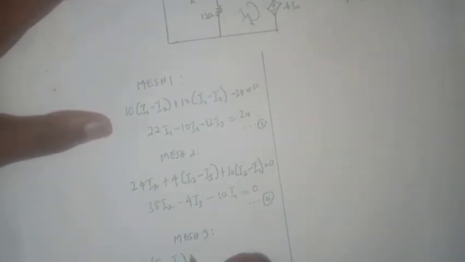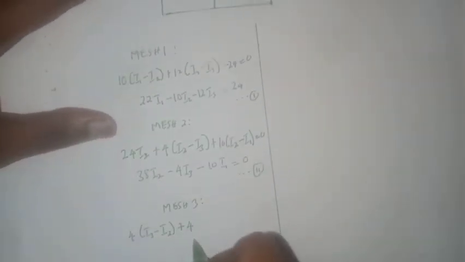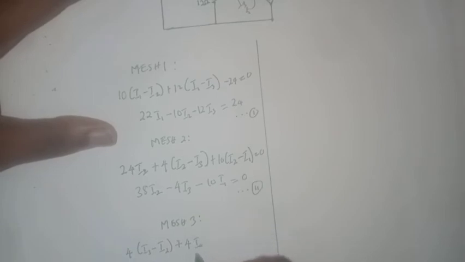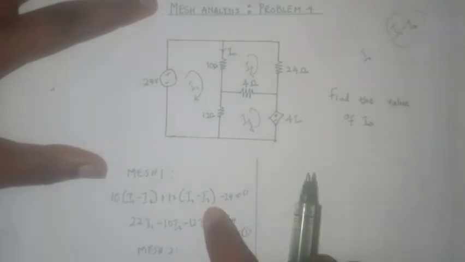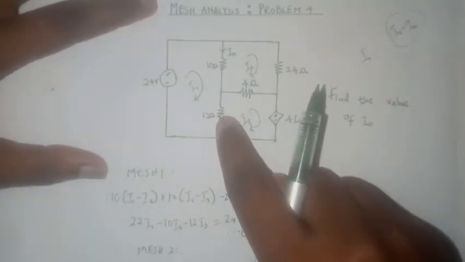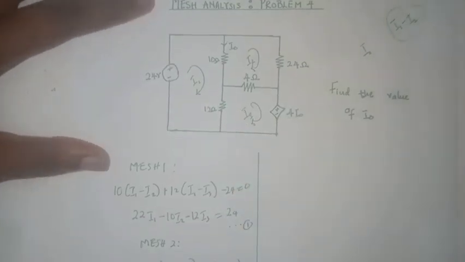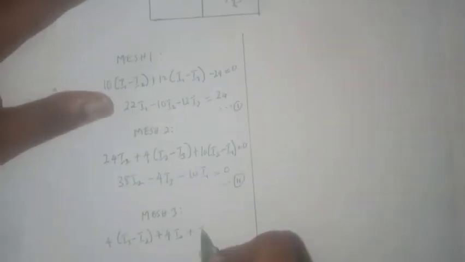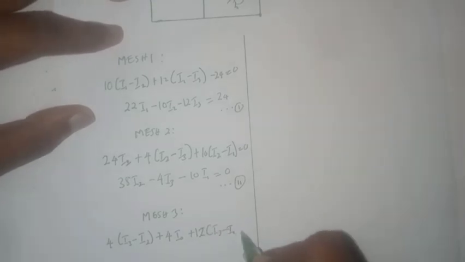Then we use a positive sign here, so we plus 4 I naught. Then the current flowing through is I3 minus I1, so plus 12 into I3 minus I1. Then we equate it all to 0.